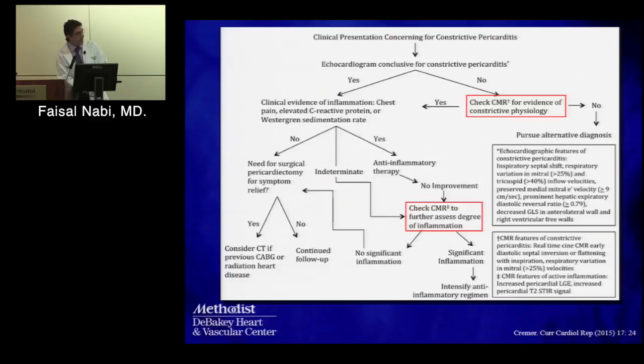And then the second area is that if you did make the diagnosis and your CRP or ESR or other traditional markers of inflammation are not elevated, or you started anti-inflammatory therapy and you're not really seeing improvement. If you want to assess inflammation, CMR is a fantastic technique to help you determine whether pericardial inflammation is present. And hopefully in the next few slides I'll show you why that is important.